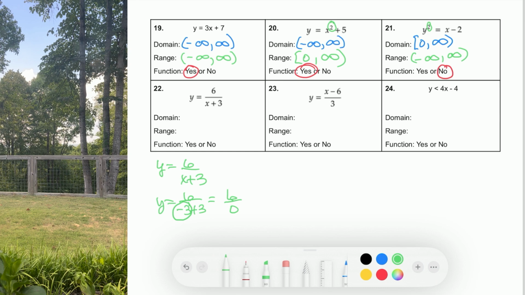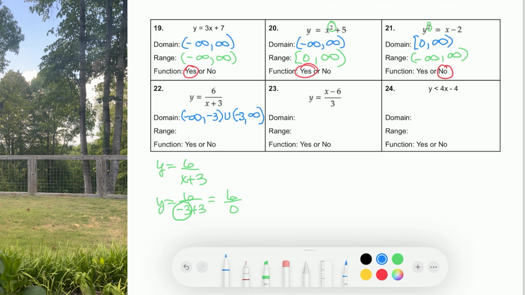So the way we're going to write our domain is from -infinity all the way as close as we can get to -3, but not including -3. That's why I have a parenthesis. United with parenthesis -3. Every number to the right of -3, but not including -3, to positive infinity is included in the solution.